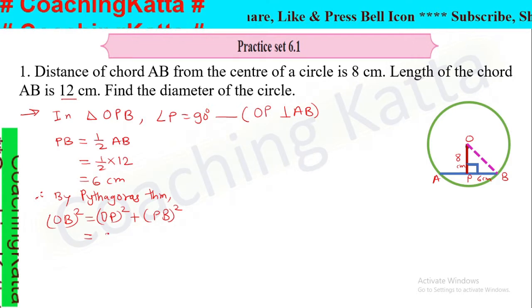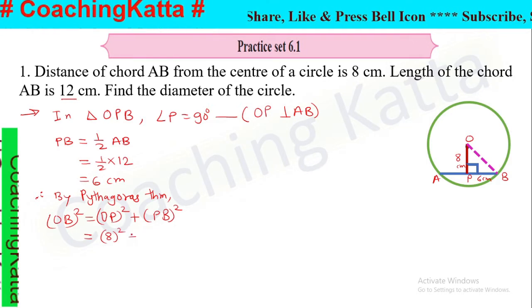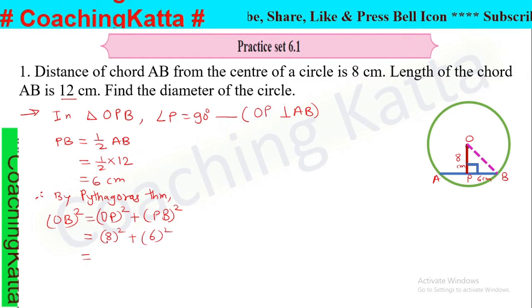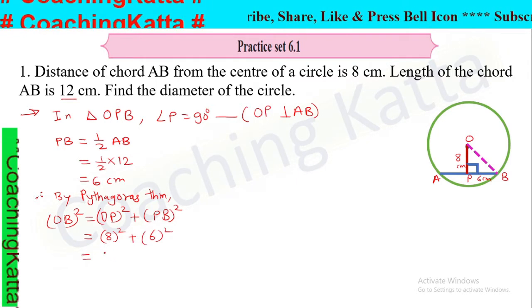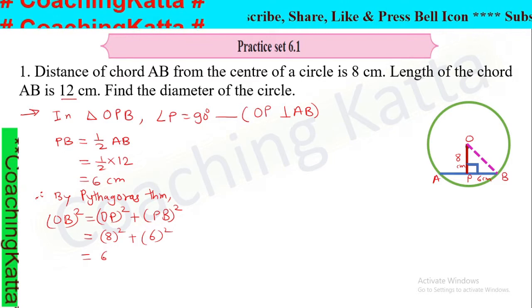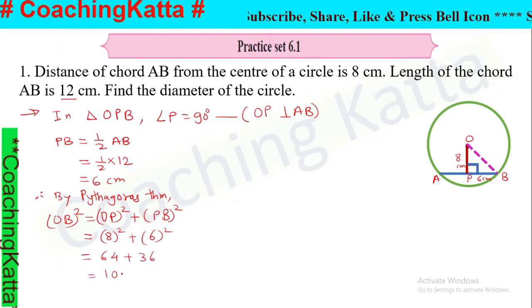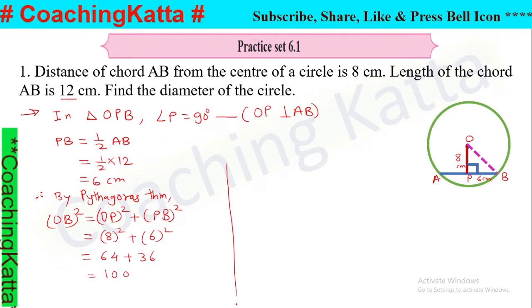OP equal to 8, so 8 square plus 6 square, and let us calculate this. 8 square equal to 64 plus 36 equal to 100, but we have to find OB.